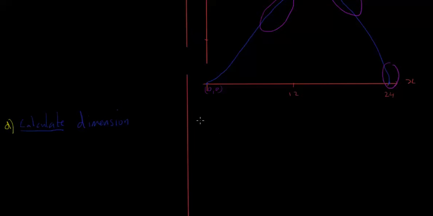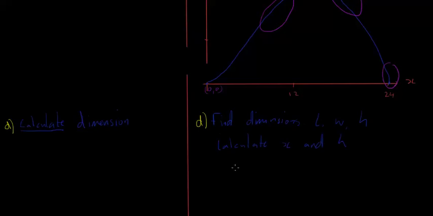We need to find the dimensions, which are what? Length, width and height. Very good, I hear you say. That's length, width and height. L, W and H. L and W are both x, so we need to calculate x and h.